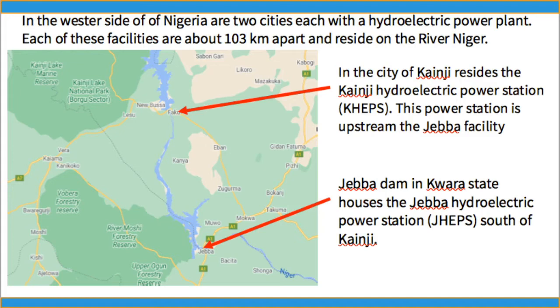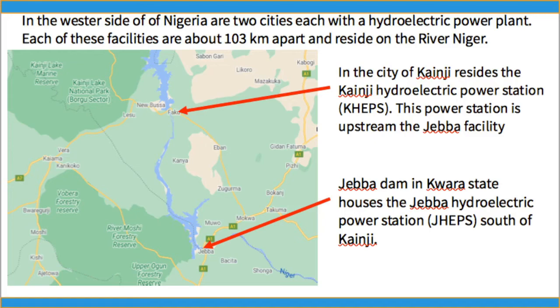Both of these reside on the Niger River, and it's prevalent to see that the water that's released from the Kainji facility is then sent downstream to the Jebba facility. So these two in tandem need to work together to be able to optimize the power produced for these two hydroelectric power stations. So it's crucial that these two be in tandem and work together.